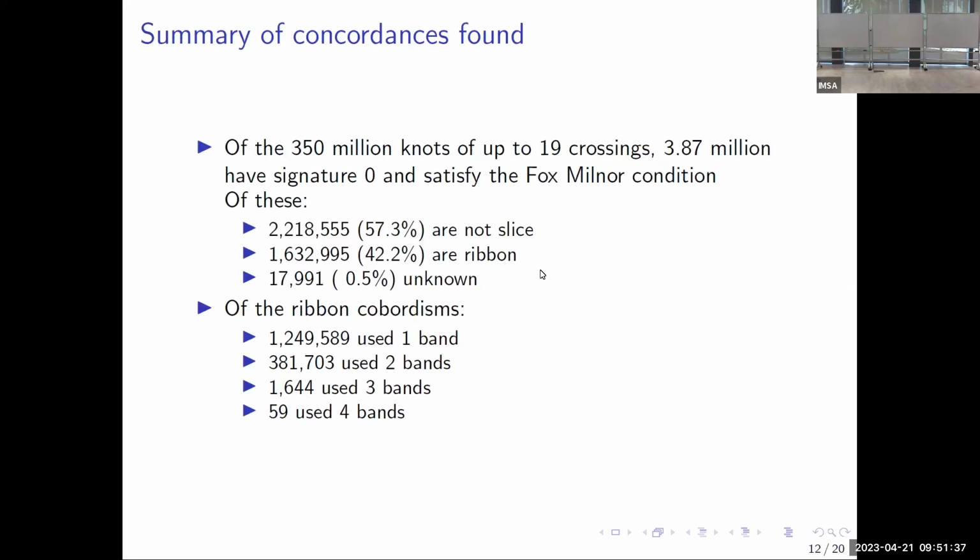But we didn't actually just look for ribbon concordances to the unknot. Within our sample of 4 million, we looked for every ribbon concordance we could find.